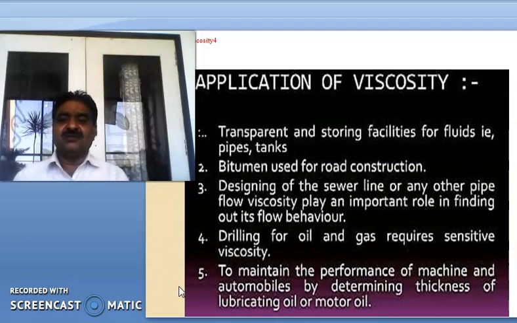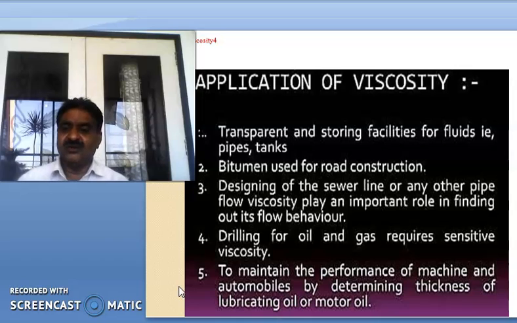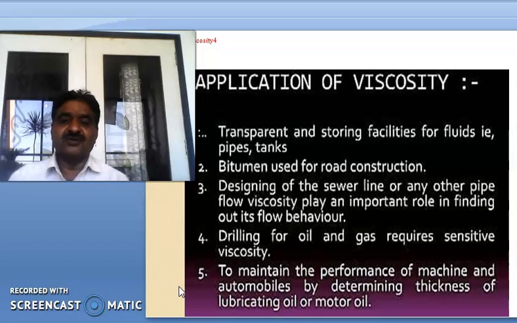Suppose the liquid is not viscous in nature, then what happens? It will not maintain the temperature of the engine. The temperature of the engine goes higher and higher, and the life of the engine decreases.